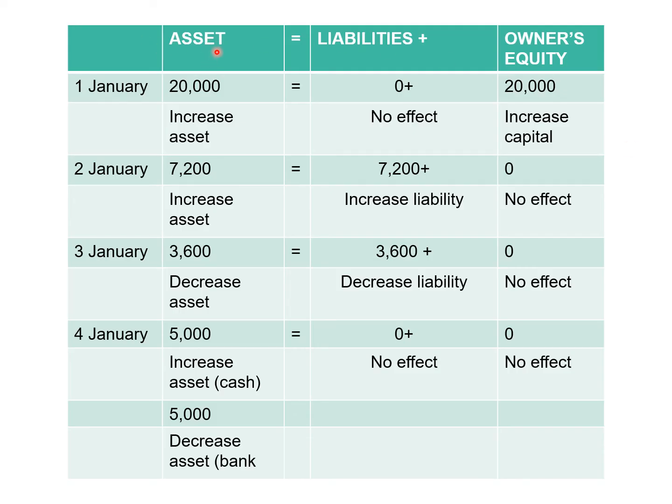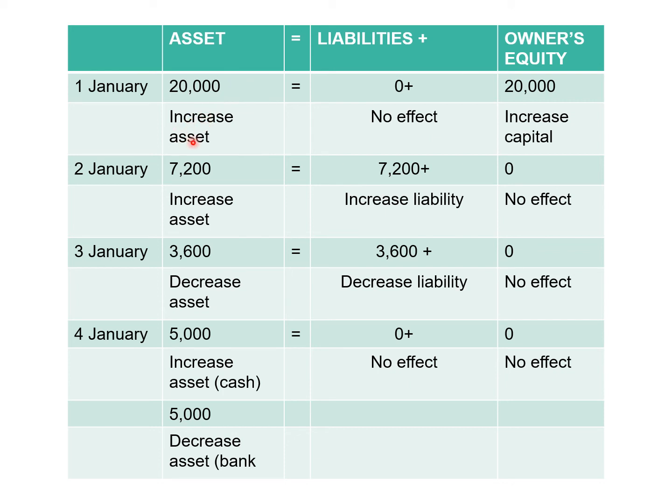So here I dah letakkan asset equals to liability plus owner's equity. Untuk 1 Januari, apabila Ahmad tu dia start business dia dengan memasukkan 20,000 duit daripada akaun dia sendiri kepada akaun bank. So what happen here, asset dia akan increase, sebab duit dalam bank tu asset, right?